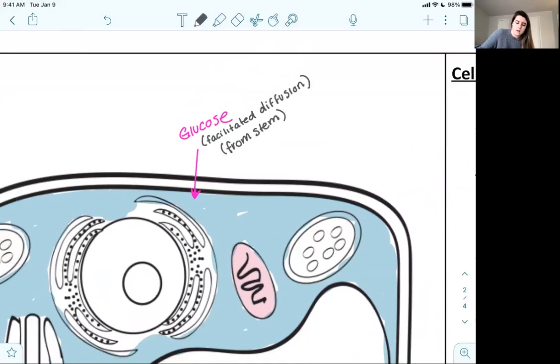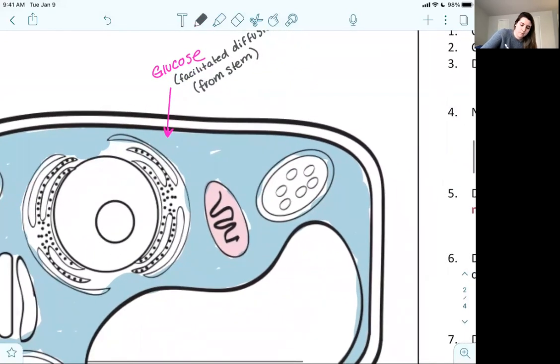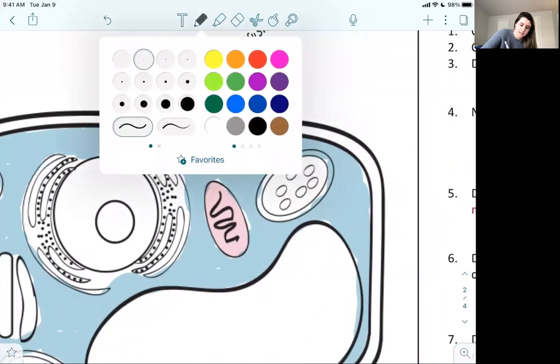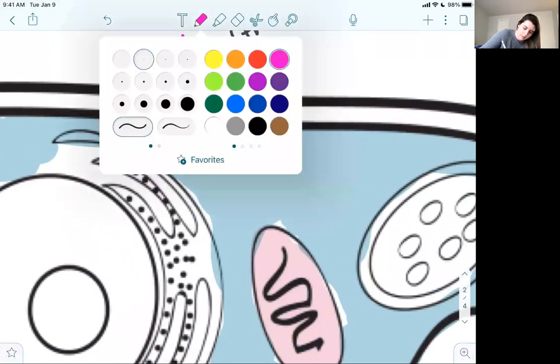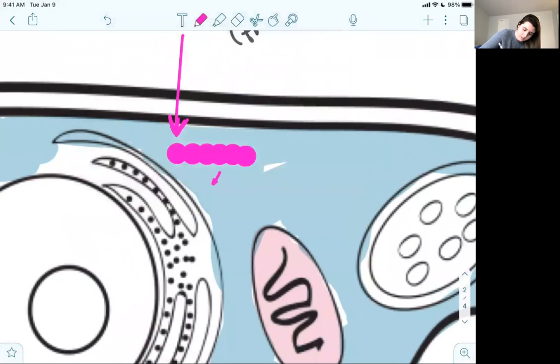Okay. Once glucose is in the cell, now it can break apart into smaller molecules so that it can be used inside specific organelles in our cell. So I will go ahead and pick my glucose color. Remember, this should look very similar to what it did in our last image. 1, 2, 3, 4, 5, 6 is glucose. We take that and we break that into 2 pyruvates, which look like this: 1, 2, 3, and 1, 2, 3.